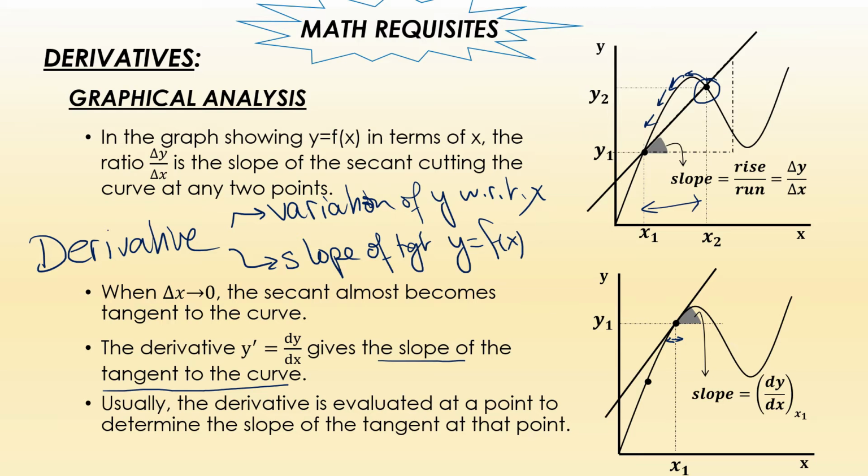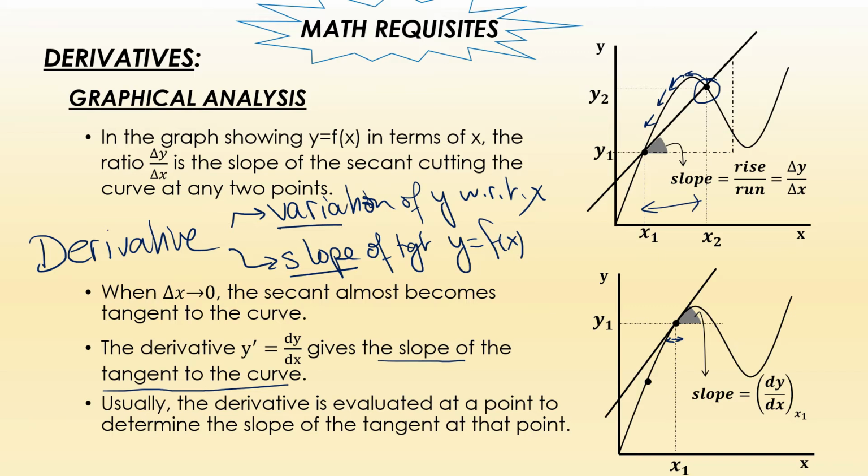Now, whether you use this or this, they are definitely the same. The approaches differ. One is a geometrical approach, the slope of the tangent. The other is a verbal approach, variation.